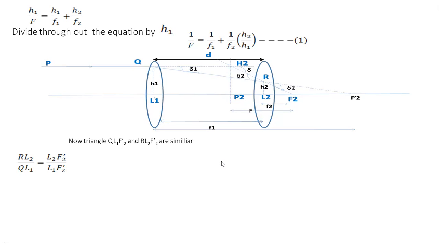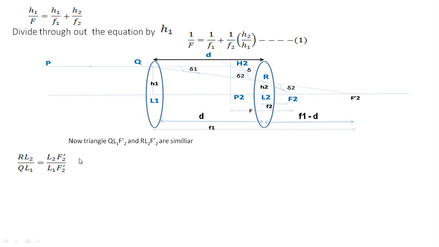Therefore, L1 to L2, the distance, is D. Then what is the value of L2F2' here? L1F2' is F1, L1 to L2 is D. The remaining length L2F2' is nothing but F1 minus D.